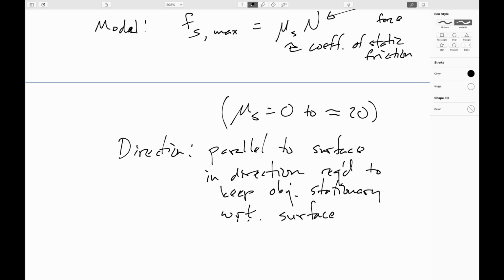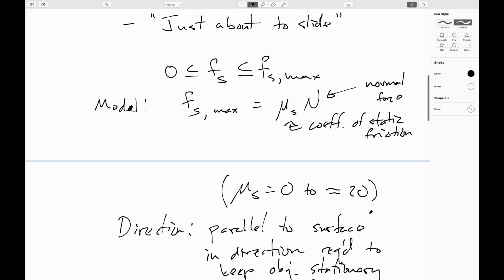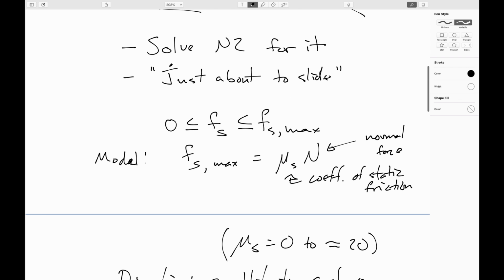So, like I say, in general, when you are figuring out what static friction is, your first instinct should be to solve Newton's second law of motion for it, unless you are given coded information that you just happen to be at the maximum value for static friction, in which case you can use the coefficient.